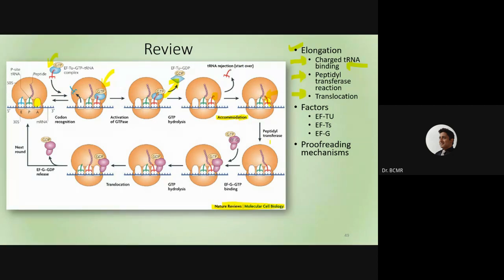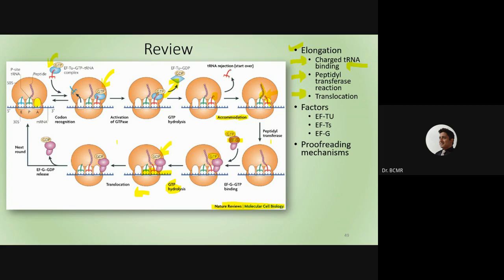Then we have peptidyl transferase, that is the transfer of this peptide to the A site tRNA. And now GTP-bound EF-G, the factor responsible for translocation, will bind here. The GTP will be hydrolyzed to GDP. That energy will be used to push the whole mRNA along with the tRNAs by 3 bases in this way.